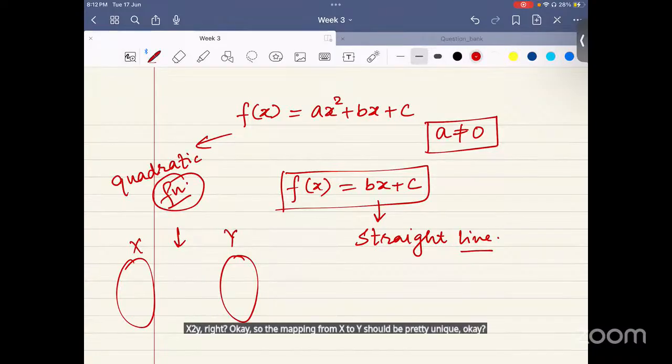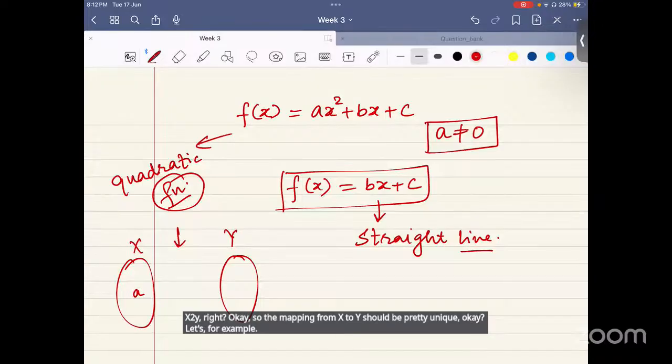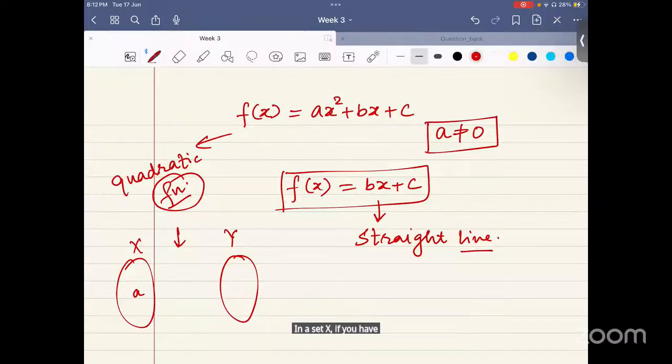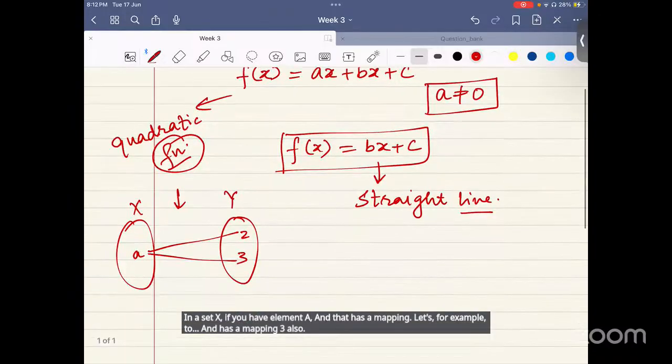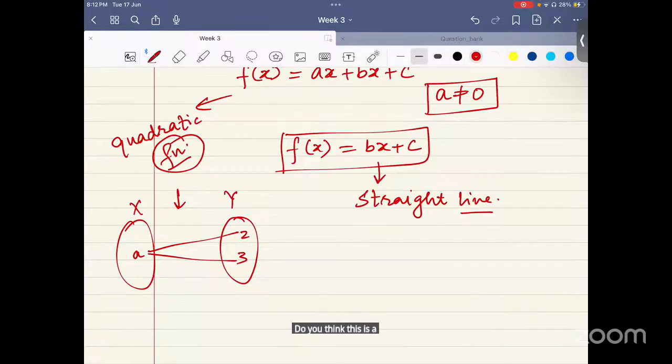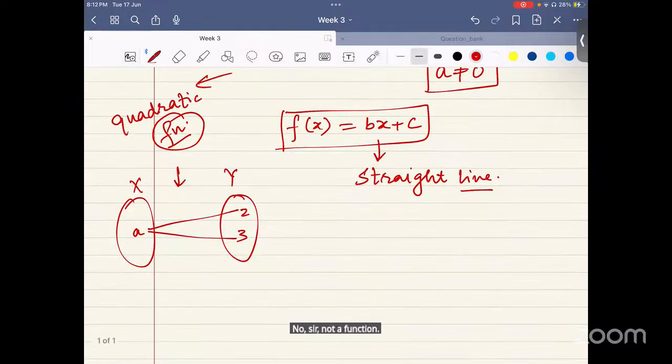Let's for example say, in a set x, you have an element a that has a mapping to 2, and has a mapping to 3 also. Do you think this relation is a function or not? No, it's not a function. Correct, it's not a function.